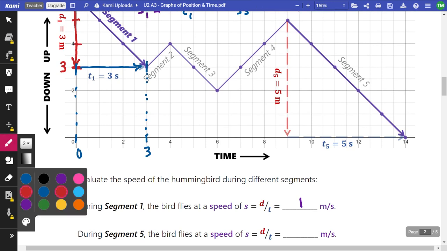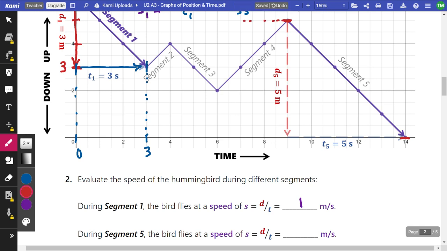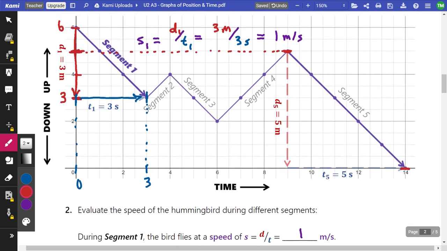This one's all the way over here, so it might be a little bit harder to read on this graph. We're starting segment 5 here, and ending segment 5 here. If I take this back over to the axis to see where this is at, this is in between 4 and 6.